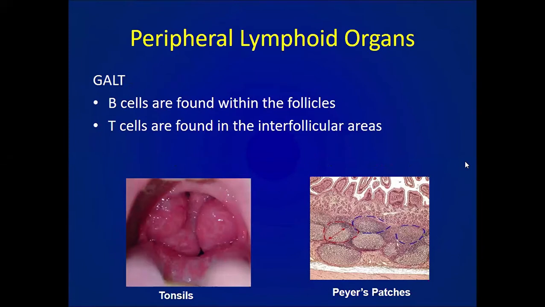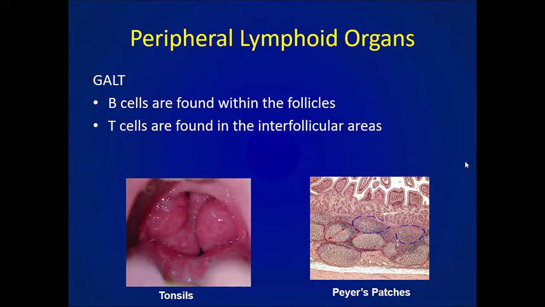Okay, then we have the other peripheral lymphoid organs known as the GALT, or the gut-associated lymphoid tissues. The B cells are found in follicles, and the T cells are found in between, in the interfollicular areas.